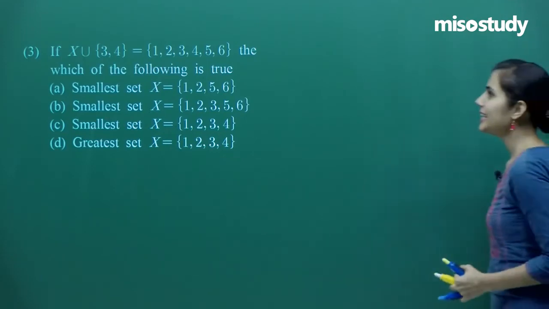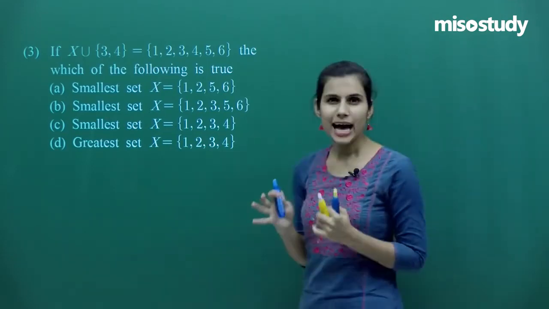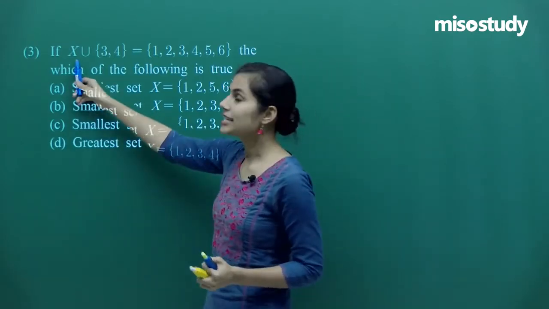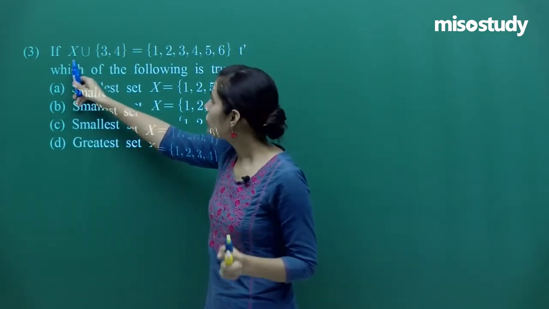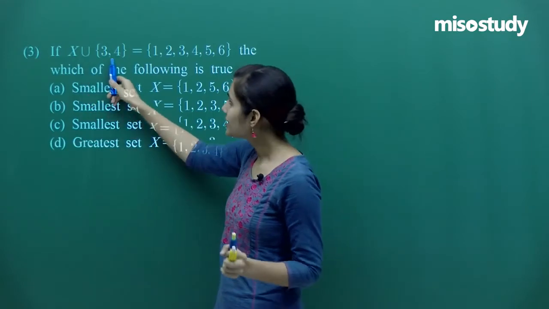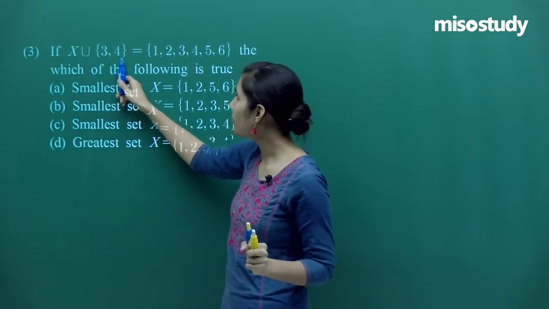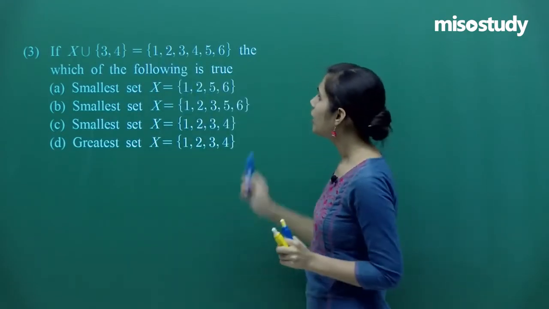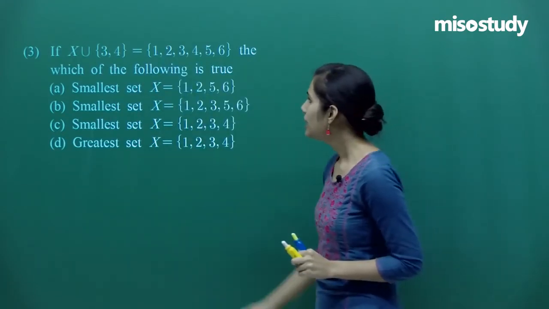Question number C is giving you a certain abstract format of a set. What does it say? It says X is an arbitrary set which, when taken union with a set with just two elements 3, 4, is giving you this set. The options are: which of the following is true?